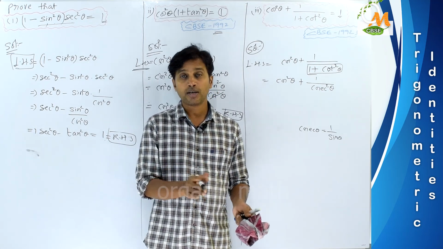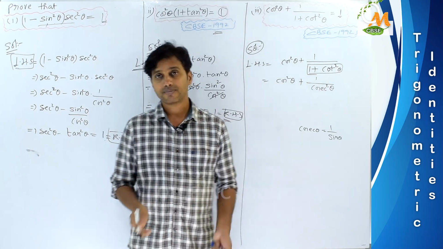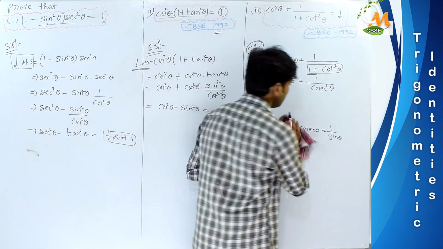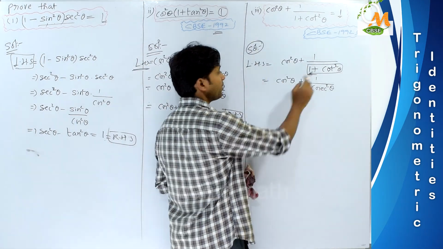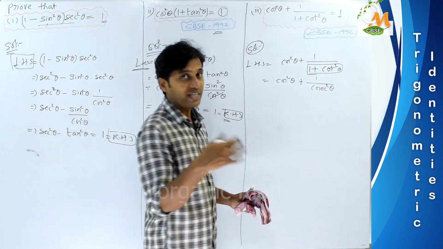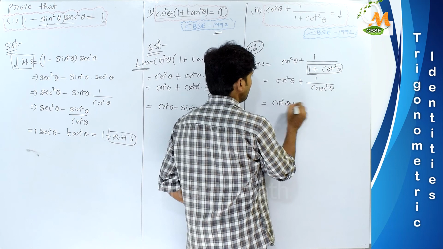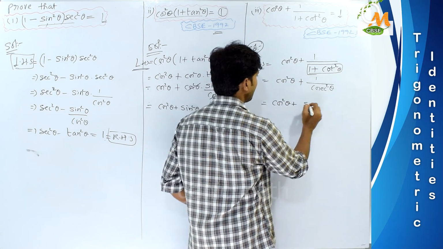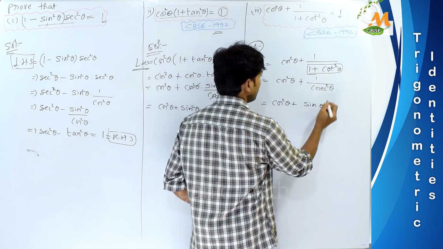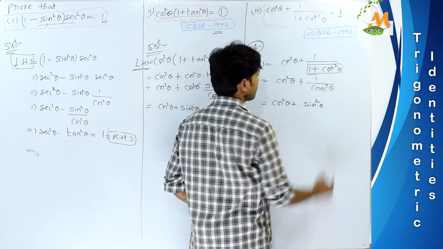Here we can write 1 by cosecant square theta as sin square theta, or not? Yes. So cos square theta plus sin square theta, since we have square here, we put square also.